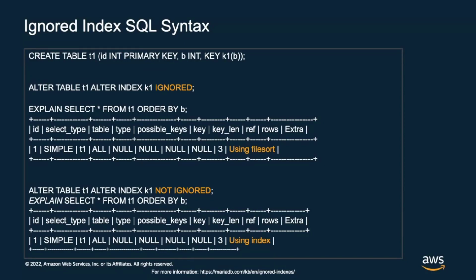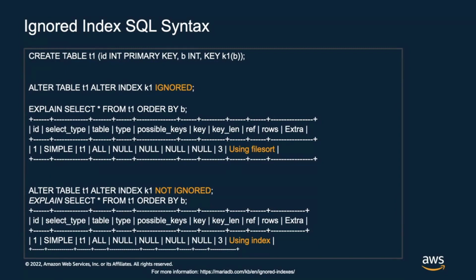I'm simply altering the table and saying alter index K1 ignored. When I say ignored, and you look into the execution plan, you see the use of filesort, which means we're not using the index anymore. In this scenario, we're using filesort to execute this query.